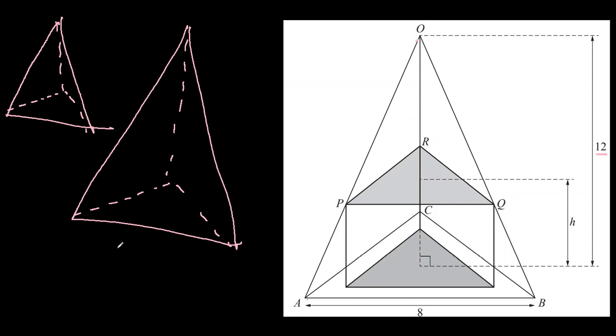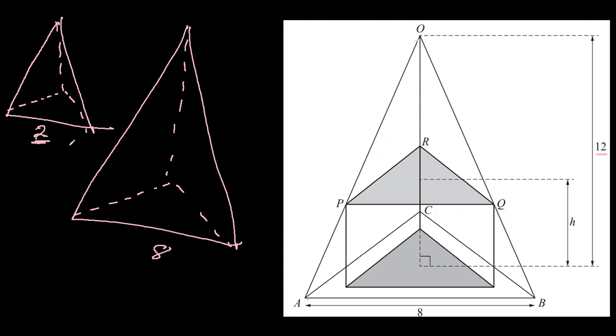Okay. Now we know in similar shapes, the ratio of their sides is same throughout. So suppose this is 8, and I'm just making up the other one. Suppose this is 2. PQ is 2.